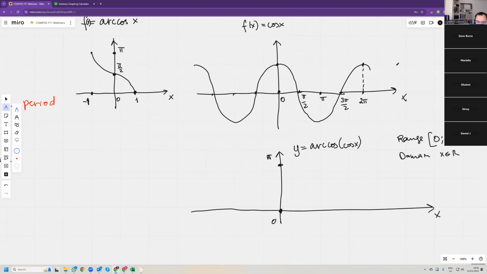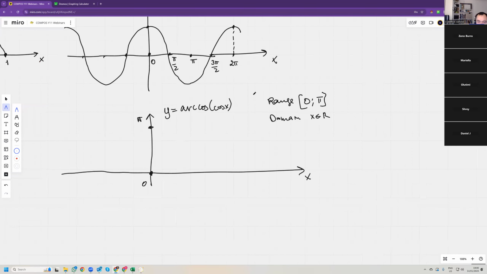We know that f minus 1 of f of x is just x. So that means arc cos of cos x must be just x. So from 0 to pi, it must be increasing just linearly, like this.